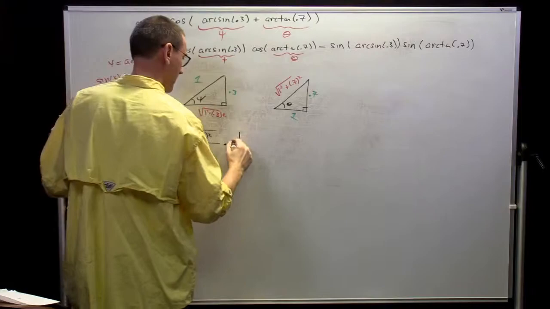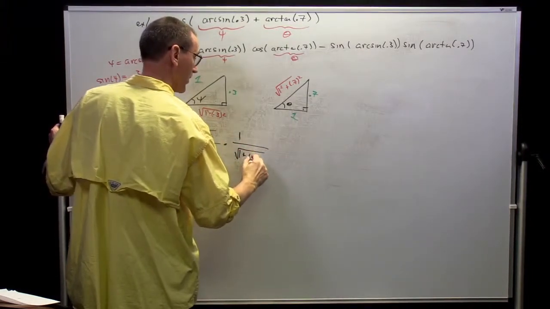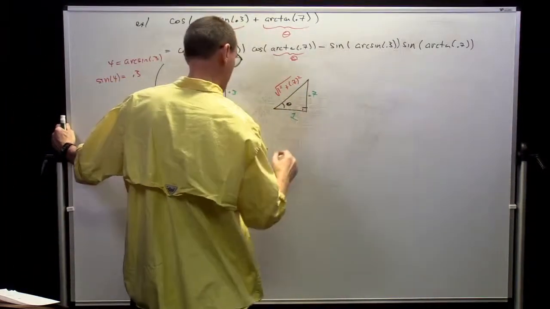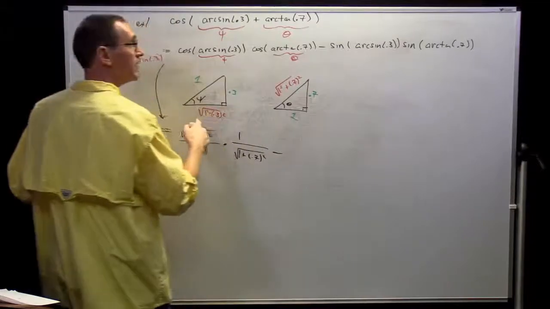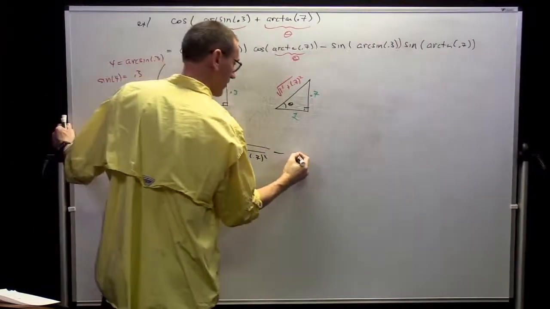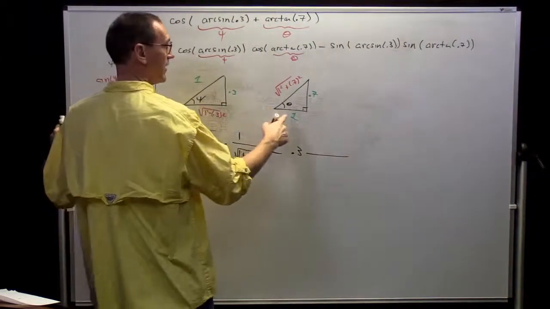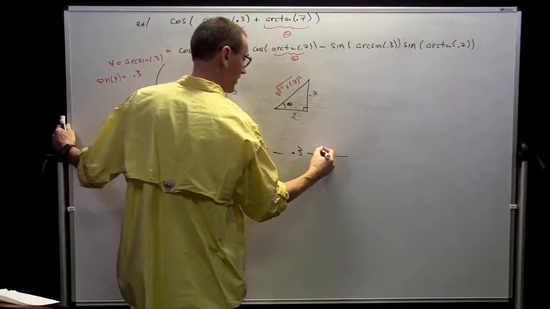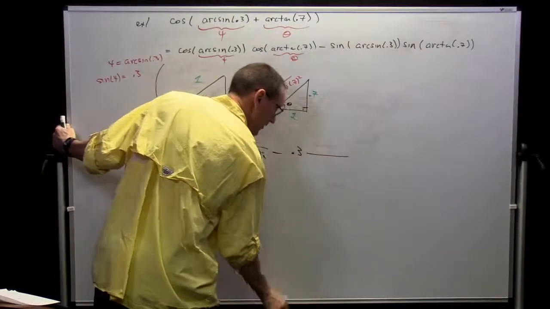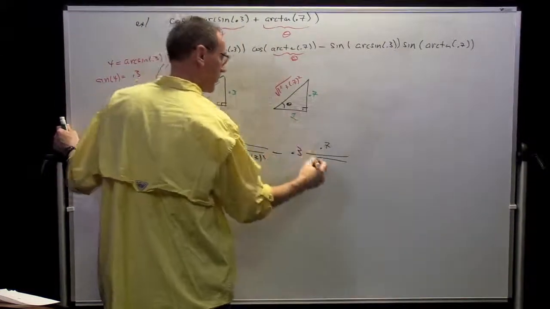Cosine of theta is going to be 1 over the square root of 1 plus 0.7 squared, because 1 squared is 1. And I'm going to have a minus, sine of this angle is going to be 0.3 over 1. And then, let's see, the sine of this angle is going to be opposite over hypotenuse. Oops, let me clean that up.